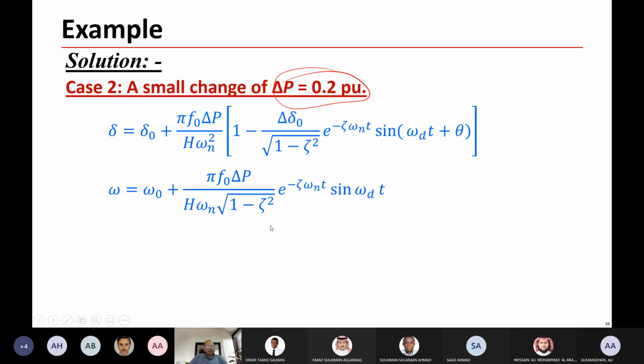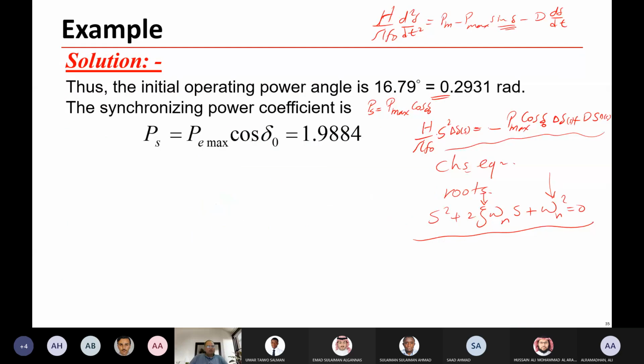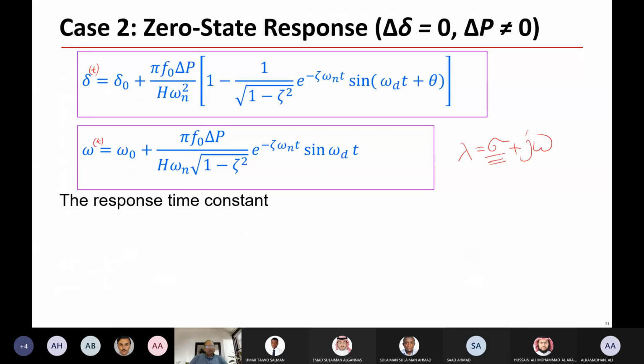So this is delta 0. Do you think this is delta 0 as in the previous one? What is delta 0 here? When we derived this, do we have something wrong in this equation?